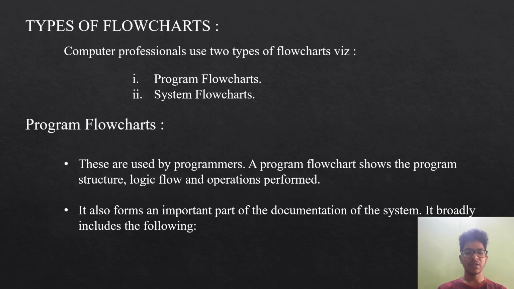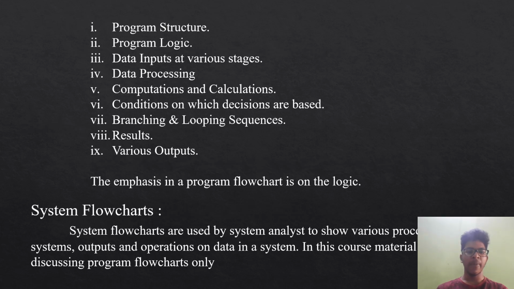It broadly includes the following: program structure, program logic, data inputs and various stages, data processing, computations and calculations, conditions on which the decisions are based, branching and looping sequences, results, various outputs. Emphasis in a program flowchart is on the logic.